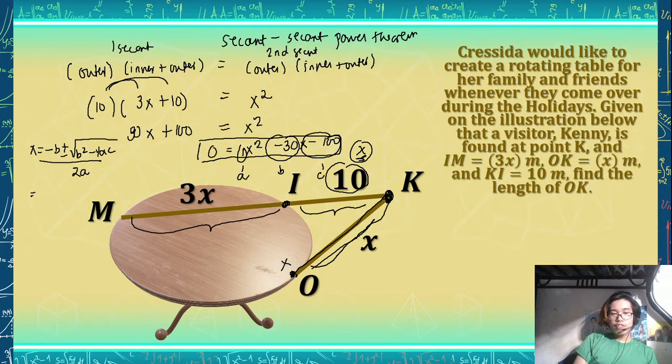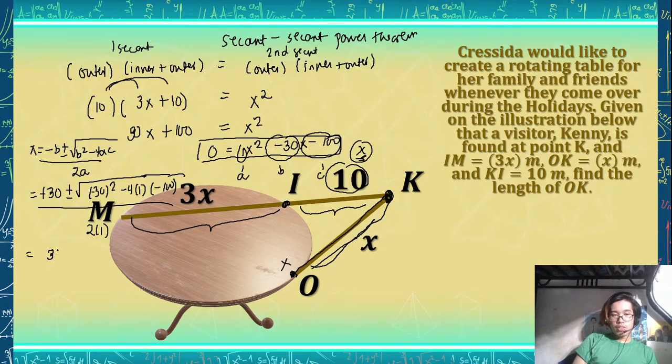Since b is negative 30, we write negative times negative, which gives us positive 30 plus or minus the square root of negative 30 squared minus 4 times 1 times negative 100, all over 2 times 1.